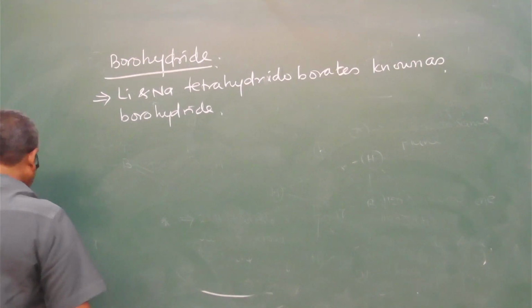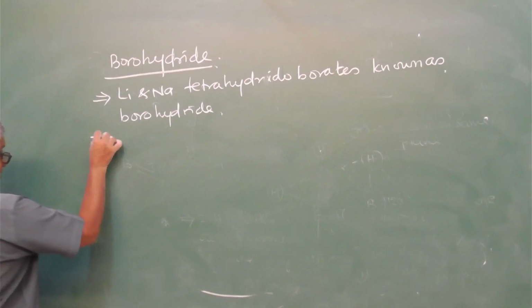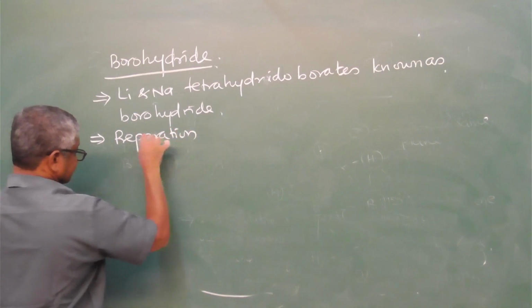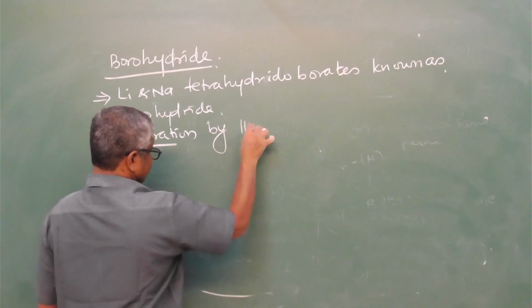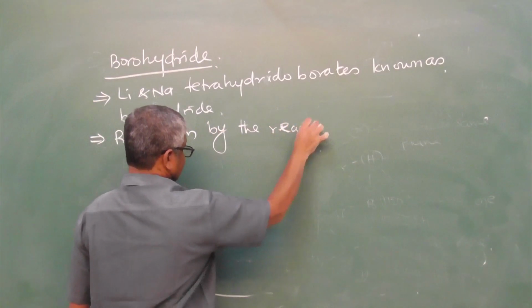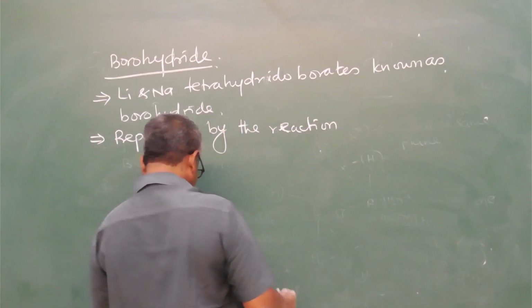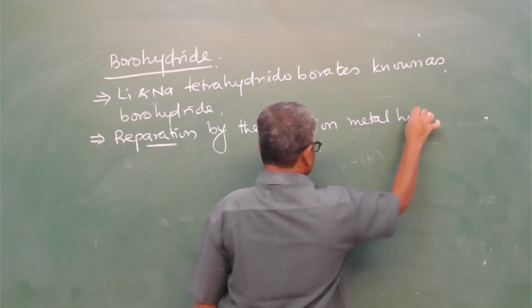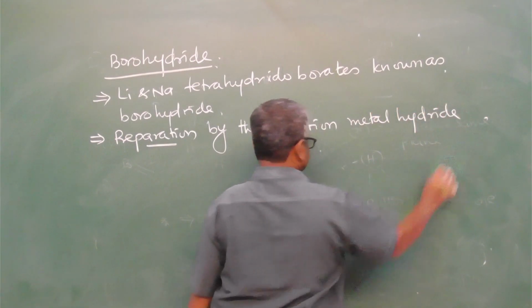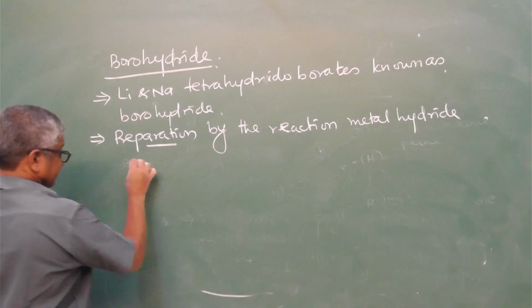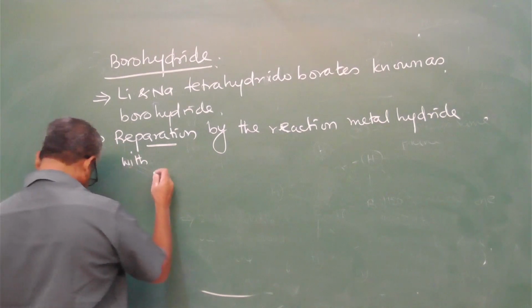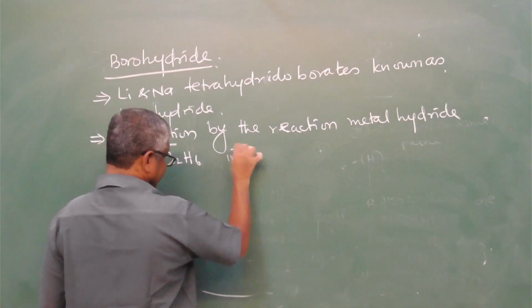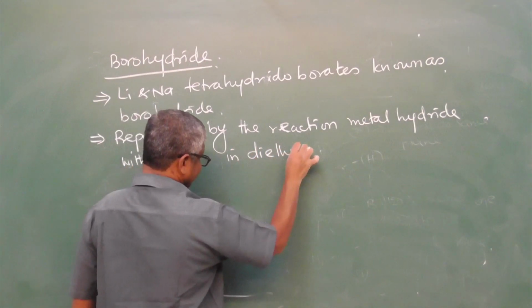They are prepared by the reaction of metal hydride with B2H6 in diethyl ether.